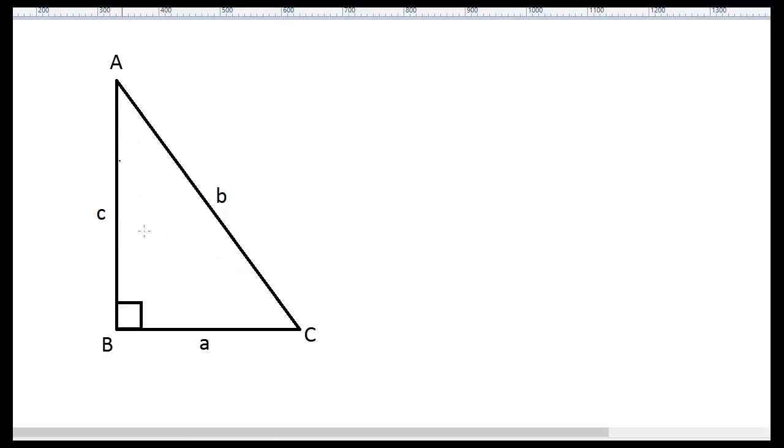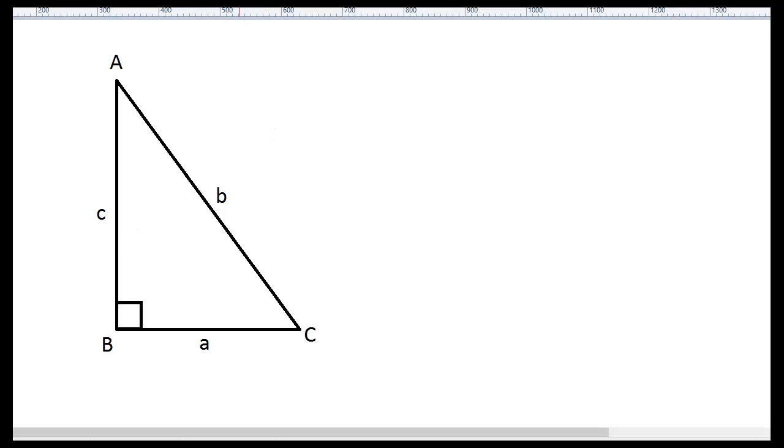The reason is that the side opposite to the angle is the lowercase version of that same angle. So this is capital A, and the side, if I were to draw a line across from it, this side would be lowercase a, and then b would be here, and then c would be here, right? And that's how I get those lowercase letters there.